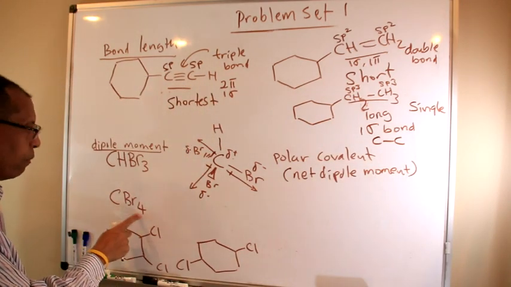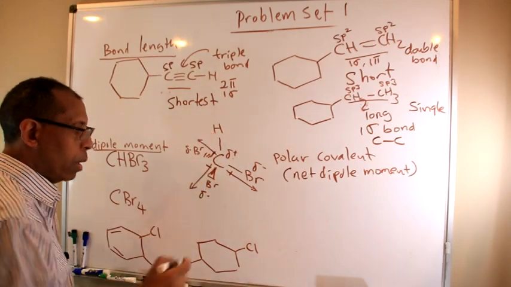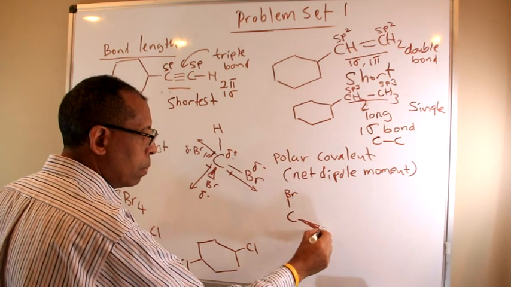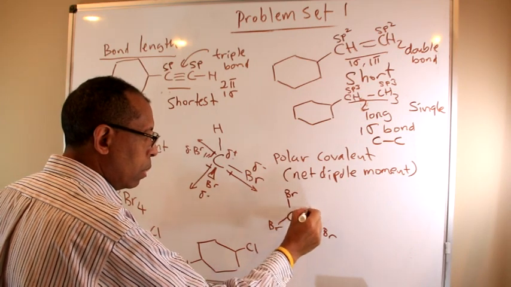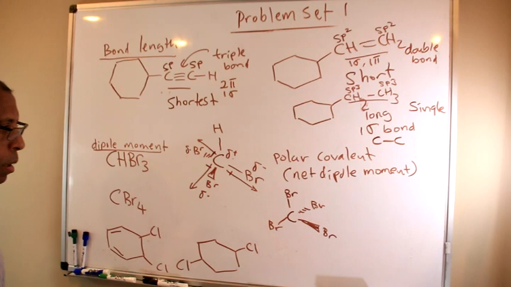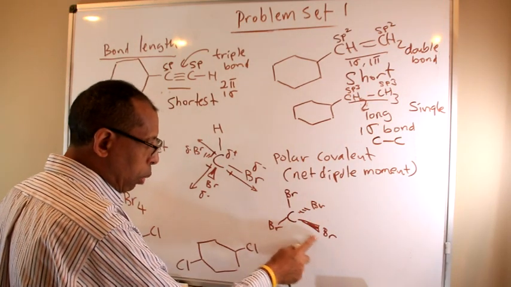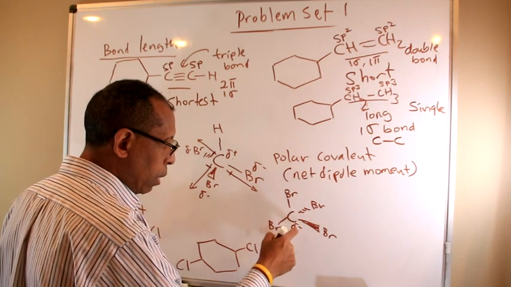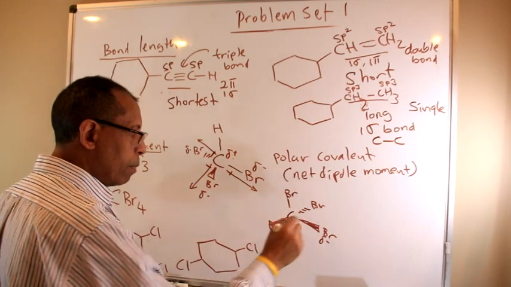How about CBr4? That means just replacing the hydrogen with Br. Whenever you see this many electronegative atoms around carbon, of course the bonds are polar, because there is still a positive charge on carbon and negative on bromine, charge density.